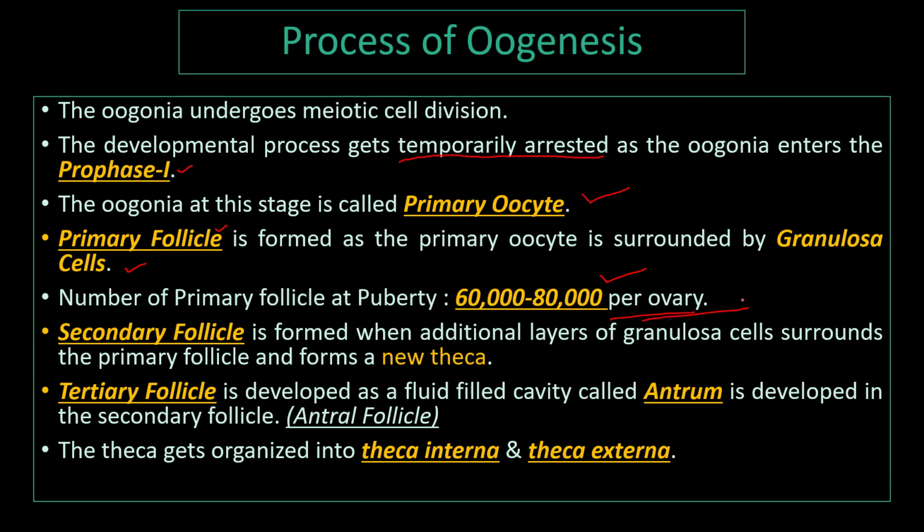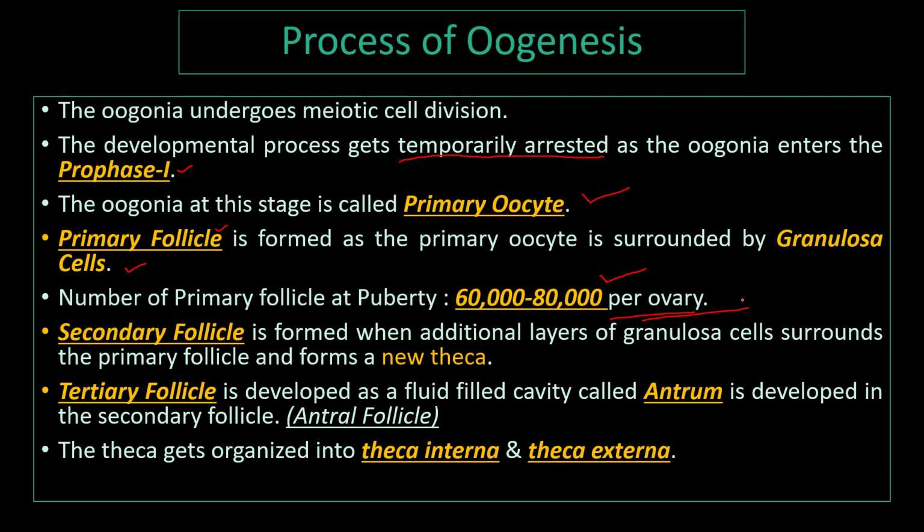Now the secondary follicle develops into the tertiary follicle as a fluid filled cavity called antrum is developed in the secondary follicle. Remember, this is also referred to as the antral follicle, and the theca that we talked about at the secondary follicle stage now gets organized into theca interna, that is the internal theca, and theca externa, that is the external theca.